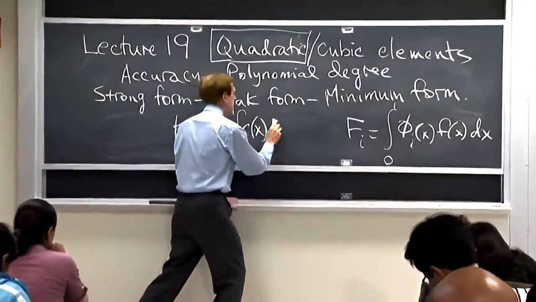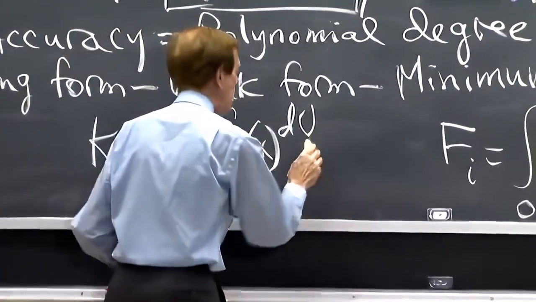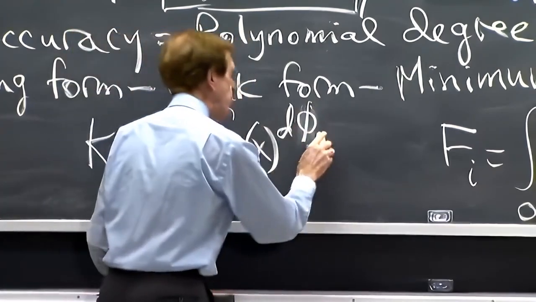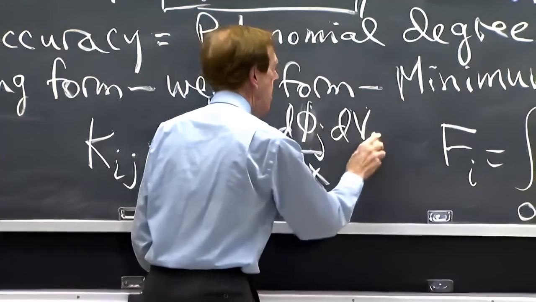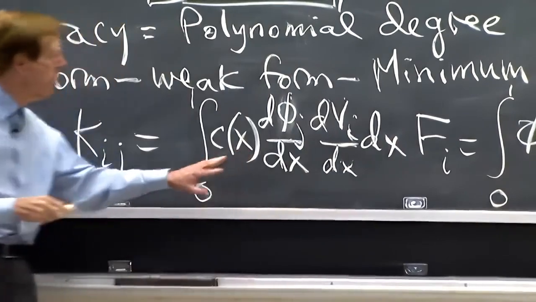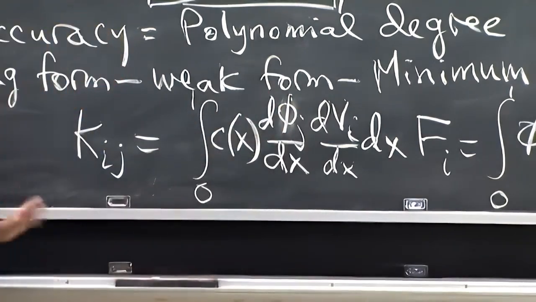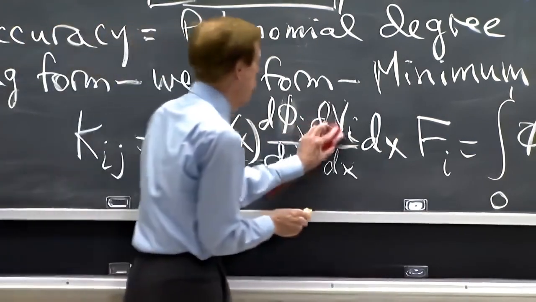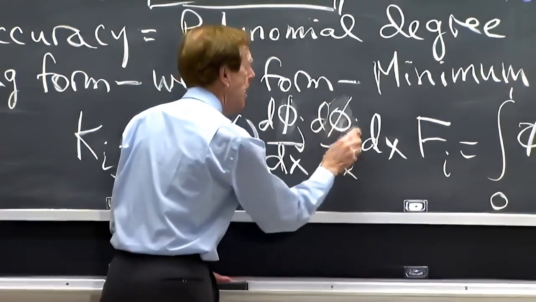It's c of x, there's a d phi_j dx and a dv_i dx. Those were the integrals that we had to do, and we were taking phis to be the same as v's, maybe I'll just do that here because I don't plan to make any other choices at all. d phi_i dx.